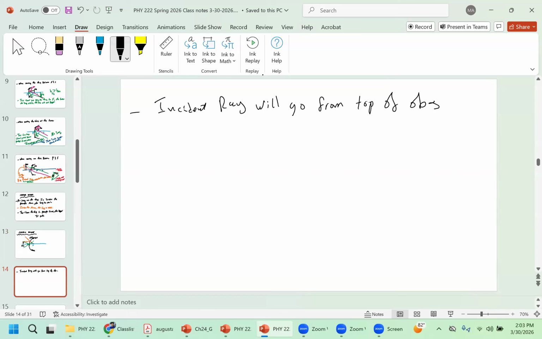Let's see, we went from the top of the object. And again, I'm not drawing a whole bunch of lines. Y'all with me so far? But it's basically two of them, going to the focus or through the pole. You can go through the focus at any angle, but this one is going to go from the top of the object parallel to the principal axis.